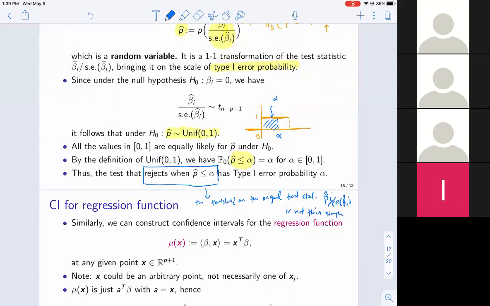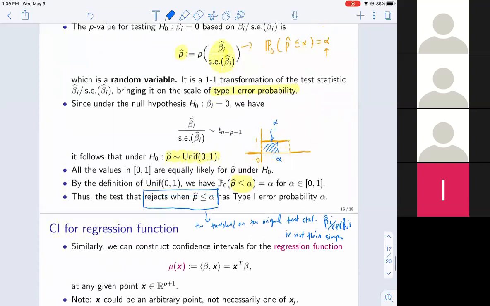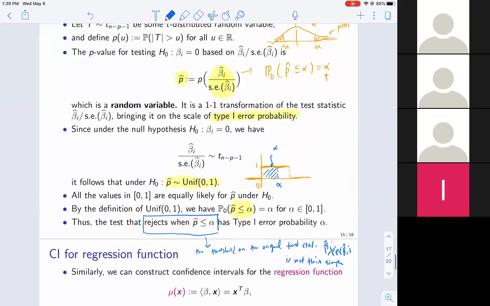I can't compare it to alpha and say I reject whenever it is bigger or less than alpha and then expect the test to have level alpha, but I can do it with the p-value. The p-value sort of normalizes the experiment. No matter what the experiment is, p hat is going to have a uniform distribution under the null, so you would have a test of level alpha if you reject at level alpha. So that was my quick, precise explanation of the p-value.